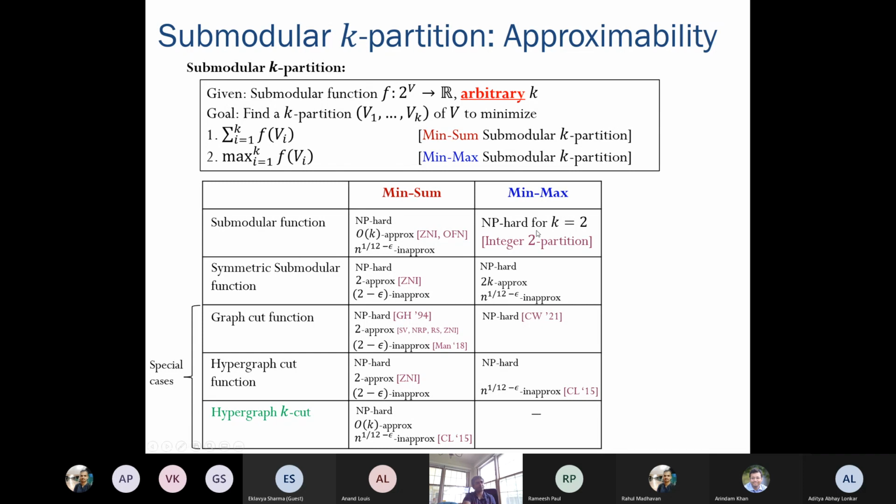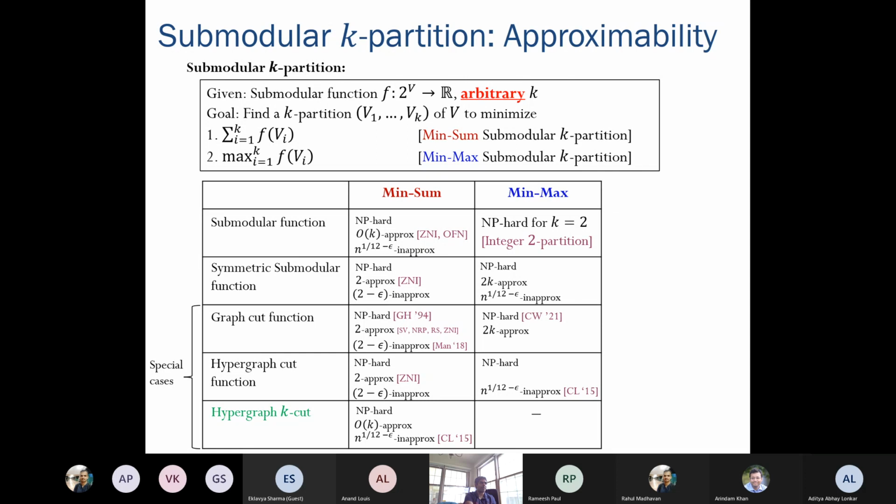And for min-max symmetric submodular k partition, you can get a 2k approximation, which is an order k approximation. So that cell, there is again not much that you can do to improve. You can only get a 2k approximation and there's n to the 1 over 12 inapproximability.